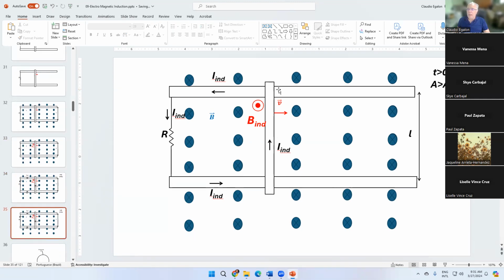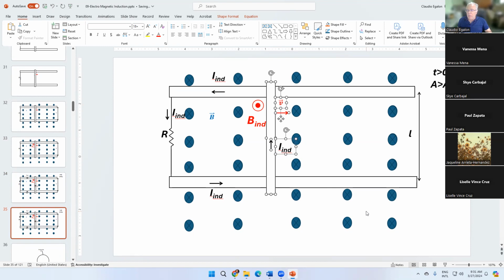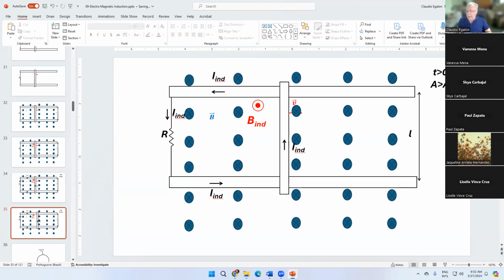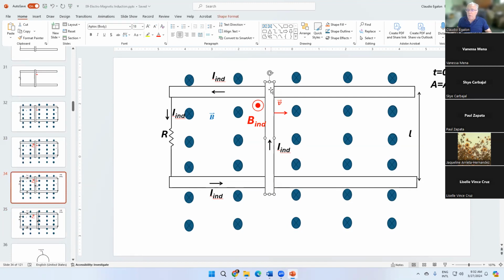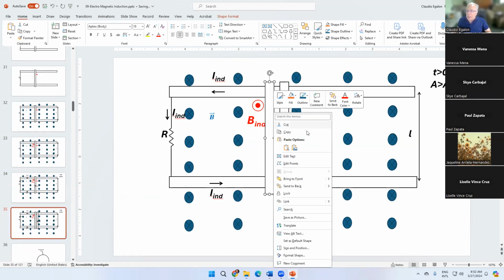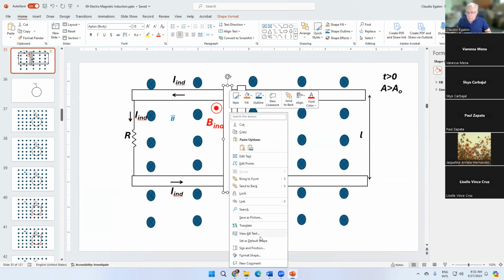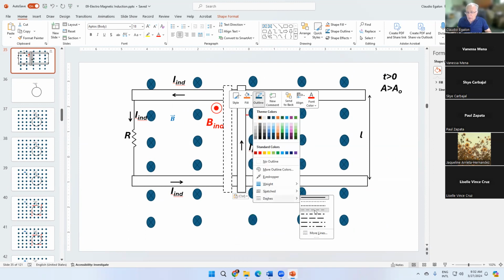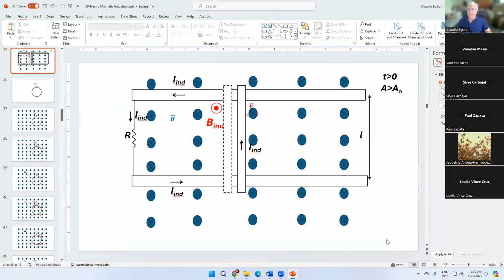So here we go, this guy is gonna move a little bit to the right. And now we have a different value for the area. I'm even going to copy that and paste it in there so you can see clearly that there was a change. I want it dashed, just to show you the V velocity is right here.